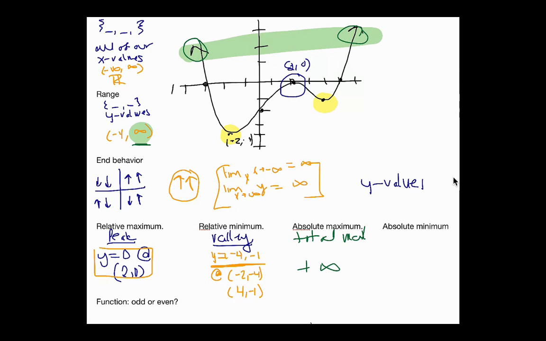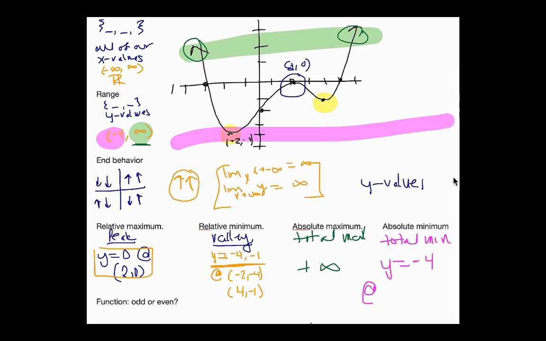And then if we want to find our absolute minimums, you just scan your graph again. Where is my value the smallest? That's going to be the lower boundary of your range. So this is going to be total min. For this one, I'm only going to list y equals -4, or at -2, -4.